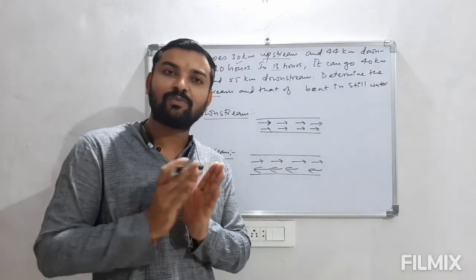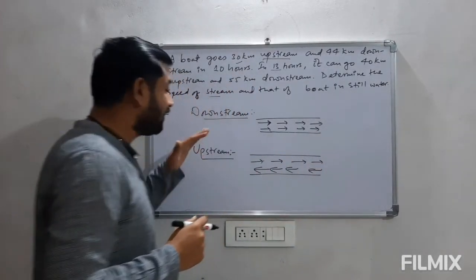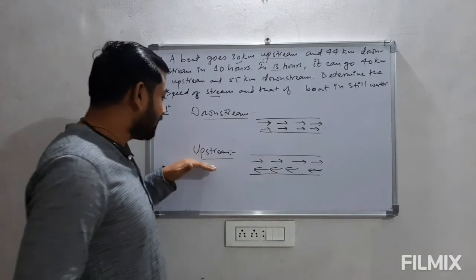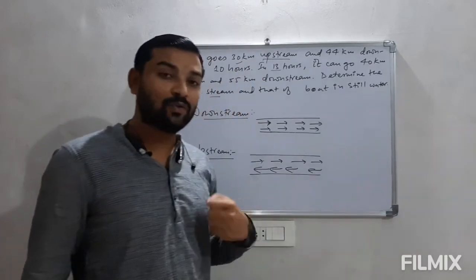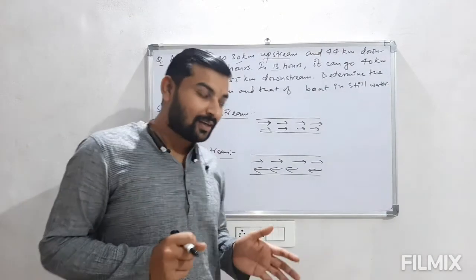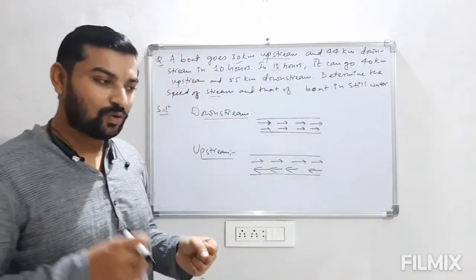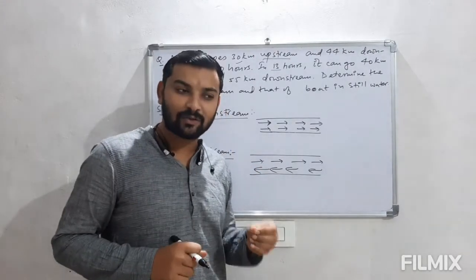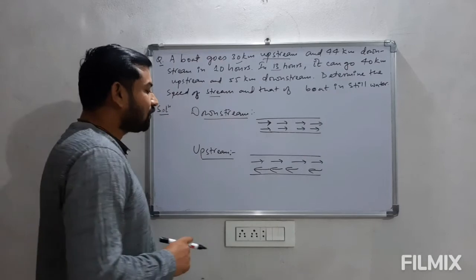So the two velocities will be added because they are in the same direction, so it will have an advantage. But in case of upstream, the speeds are in opposite directions. If someone wants to move opposite to the direction of the water, they have to move with more speed than the stream, they have to overcome it, only then will they move ahead. So this is all about upstream and downstream.